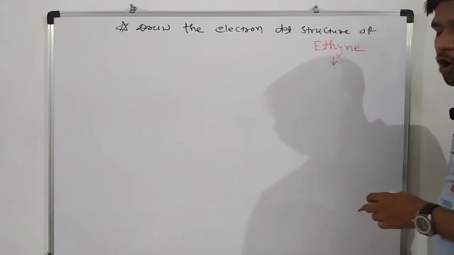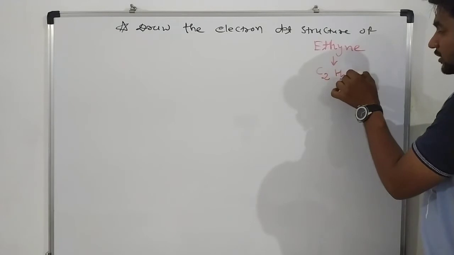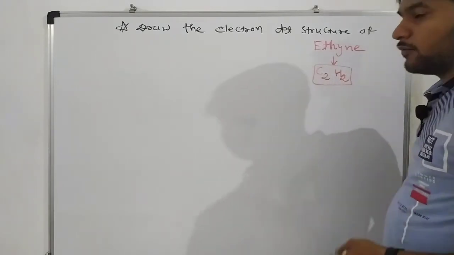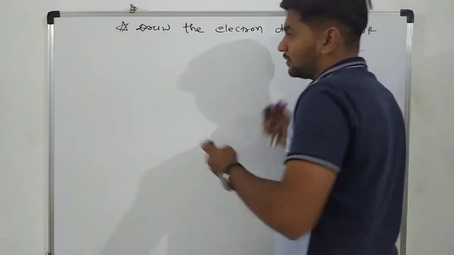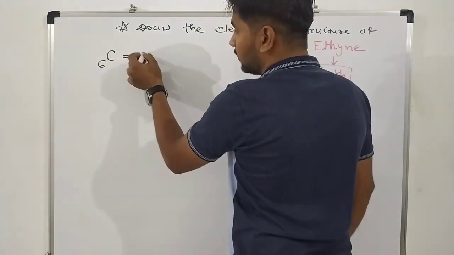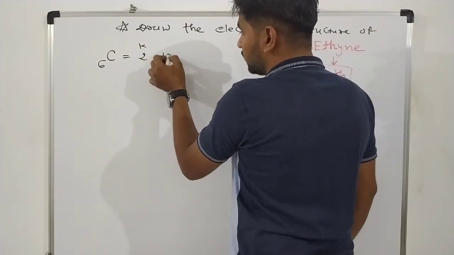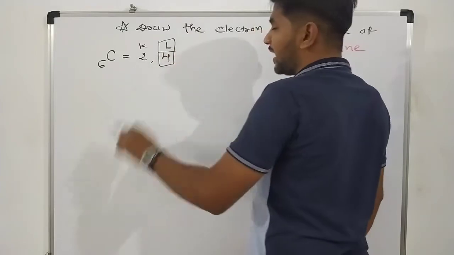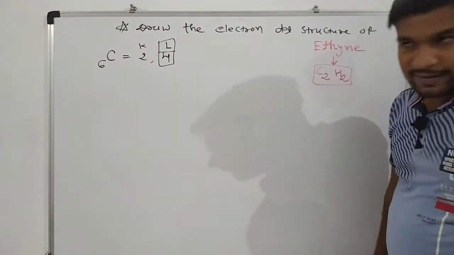The formula of ethyne is C2H2. Dear students, the formula of ethyne is C2H2. Now in the same way, the same pattern, carbon has atomic number 6: 2 electrons in the first orbit, 4 electrons in the second orbit, and these 4 electrons are shared with carbon carbon and carbon hydrogen.